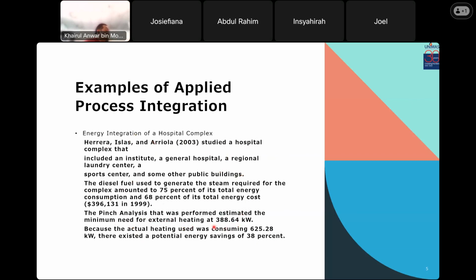It only requires 388 kilowatt, but the existing process is using 625 kilowatt, meaning they can reduce it up to 38%.